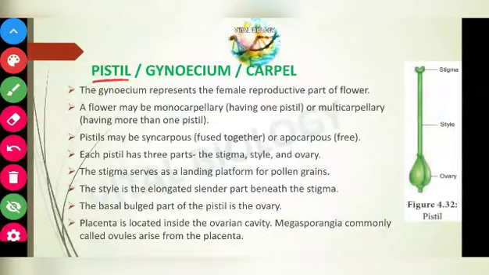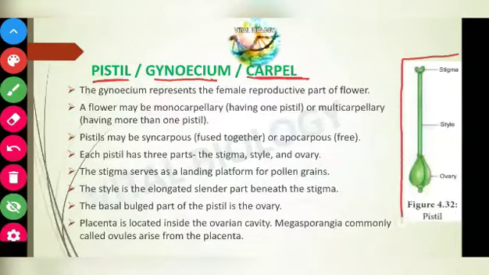As I told you, the pistil is also called gynoecium and carpel. Totally, this pistil is the female reproductive organ present in the flowering plants. You should keep that in mind. Here I have shown you the pistil diagram, a single free pistil, only one pistil.